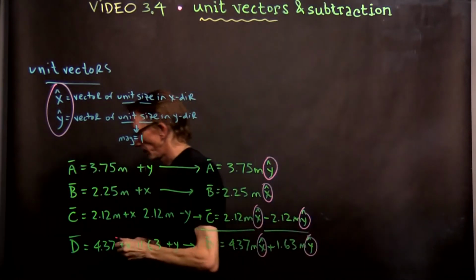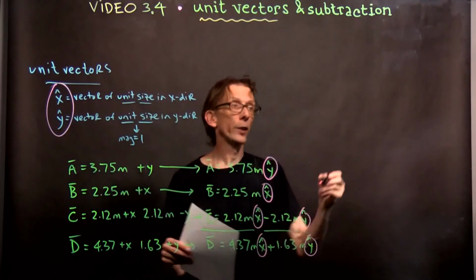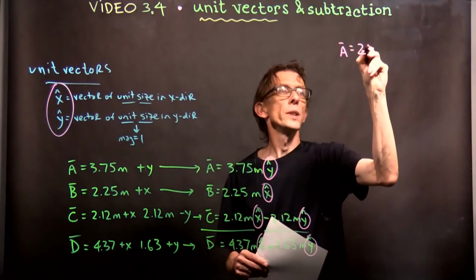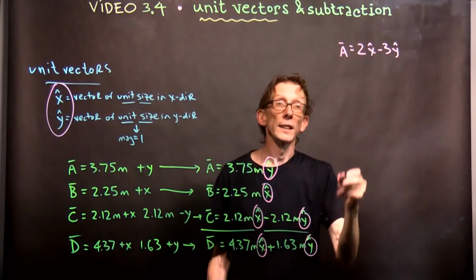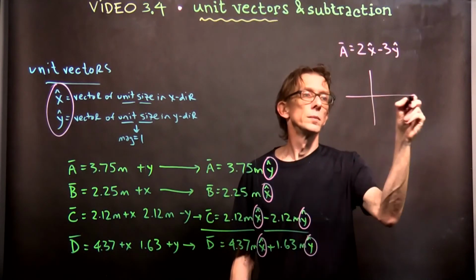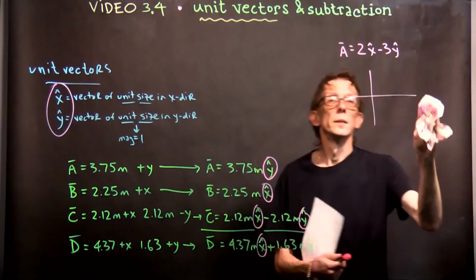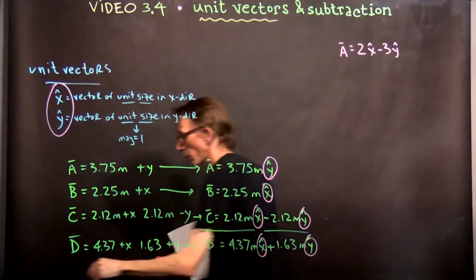Suppose I got a vector A equals 2 in the x direction minus 3 in the y direction. That looks like this. Let me make the axis blue.